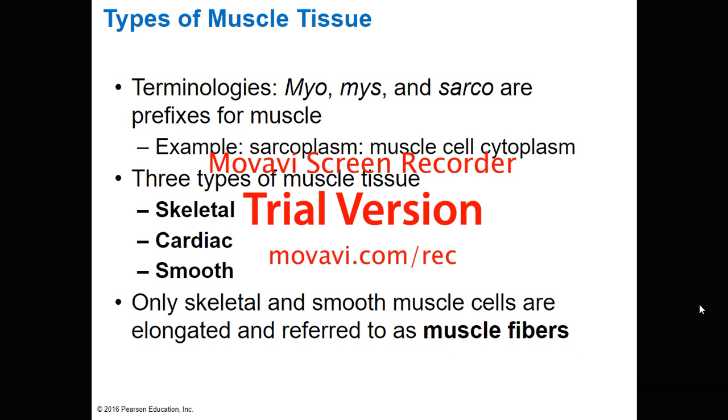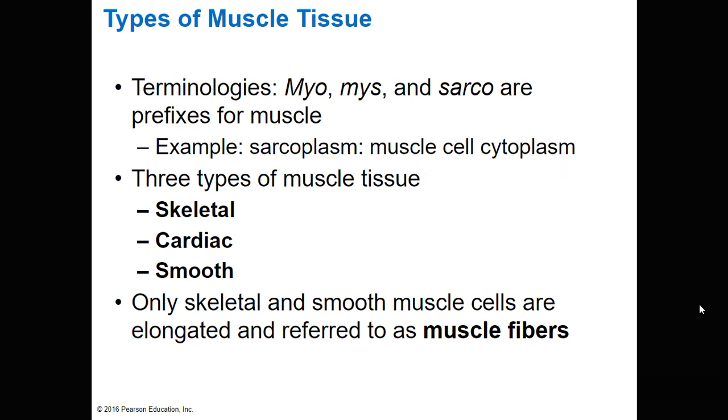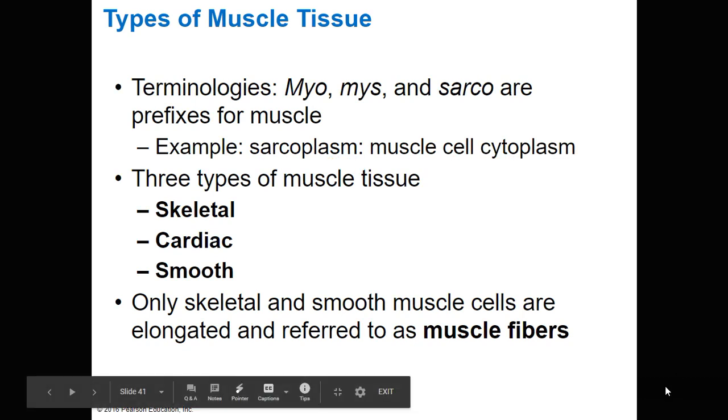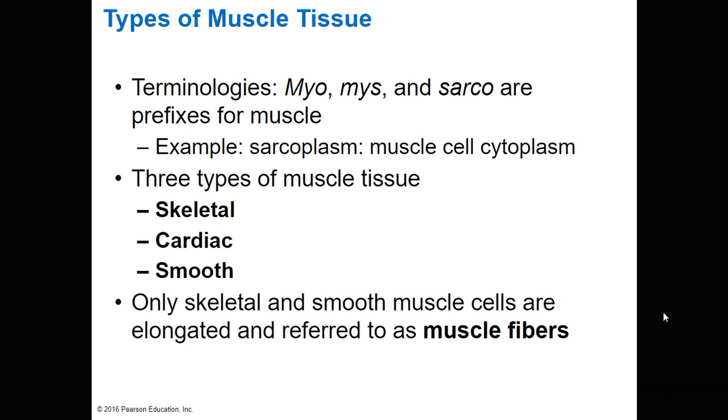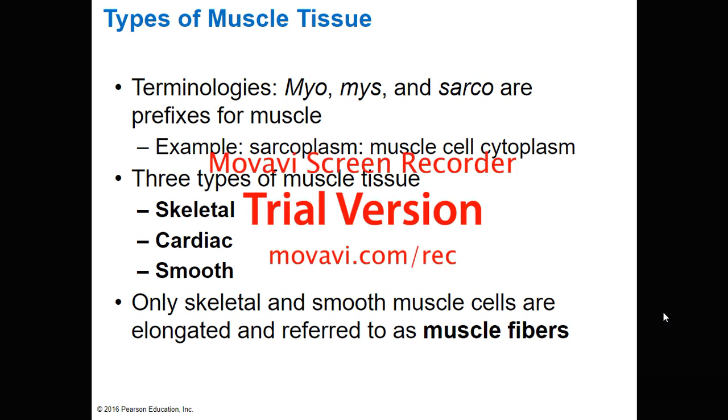Okay, so sarcoplasm is the cytoplasm of muscle, and instead of calling it a muscle cell plasma membrane, we say that muscle cells have a sarcolemma. Okay, so sarcolemma is what we say muscle cells have instead of a plasma membrane.